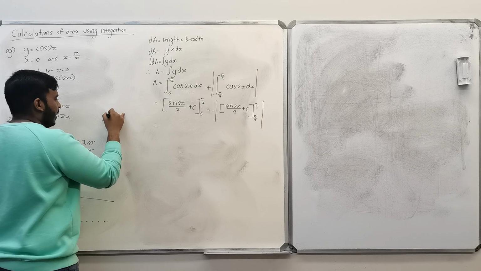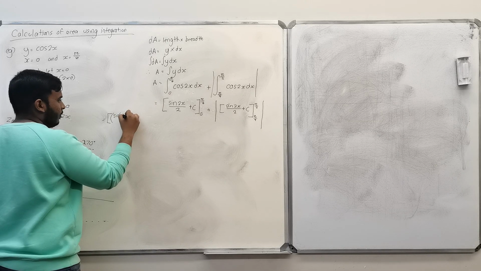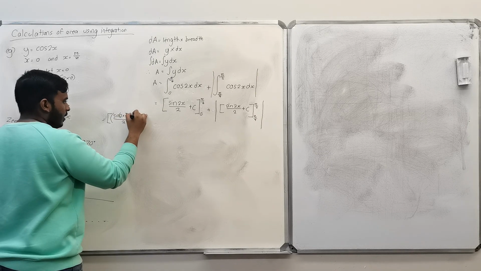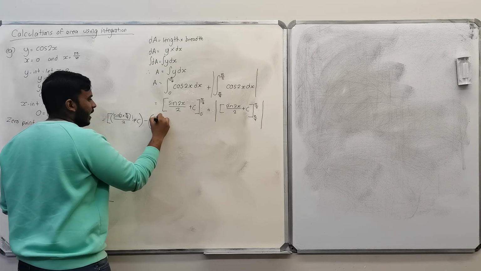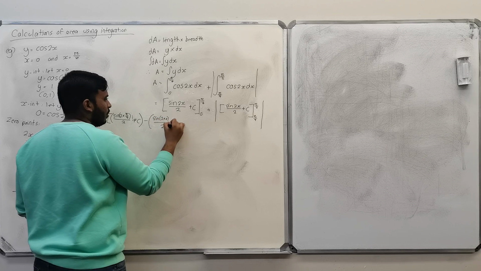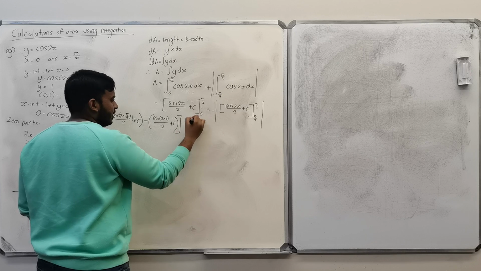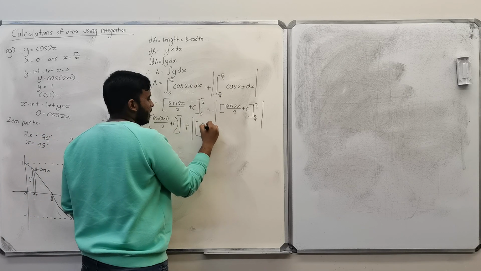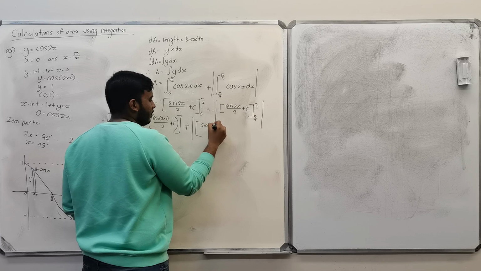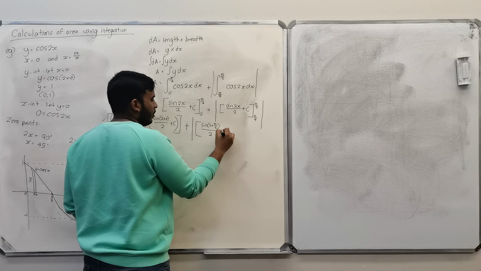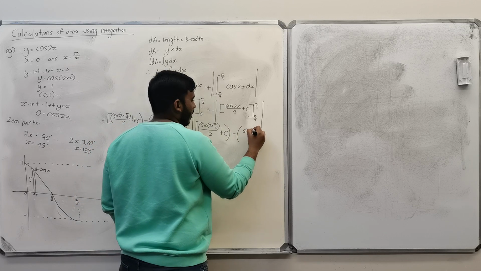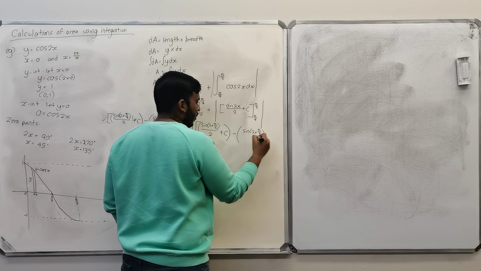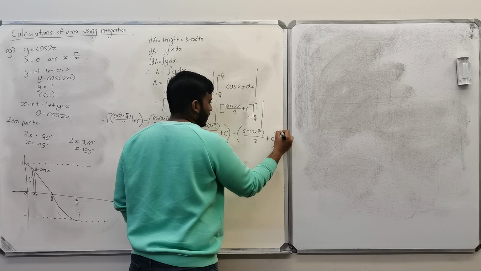For this first part, we're going to end up with sin 2 times pi over 4, all over 2, plus c, minus sin of 2 times 0 over 2 plus c, plus the absolute value of sin of 2 times pi over 2, all over 2, plus c, minus sin of 2 times pi over 4, over 2, plus c.